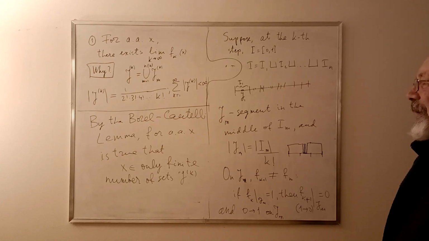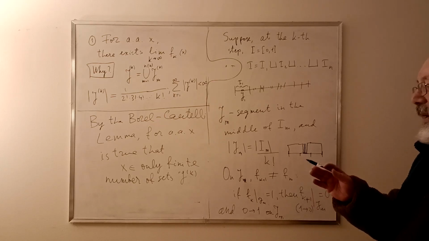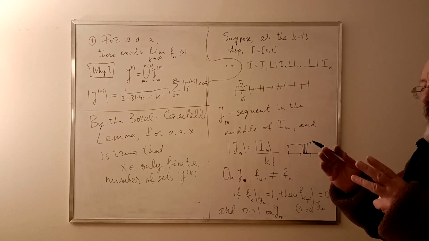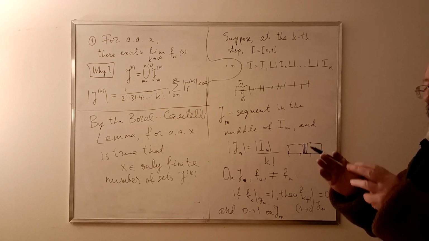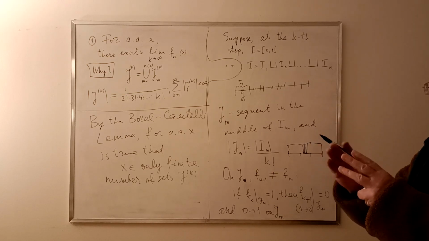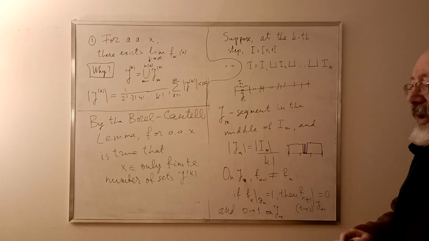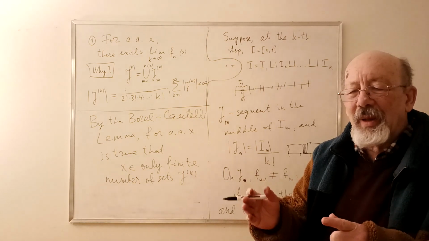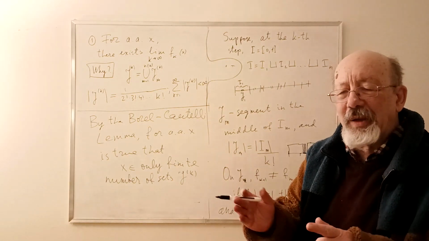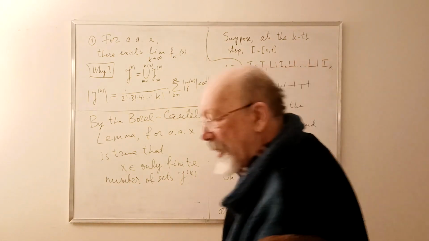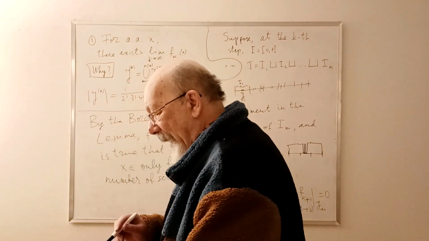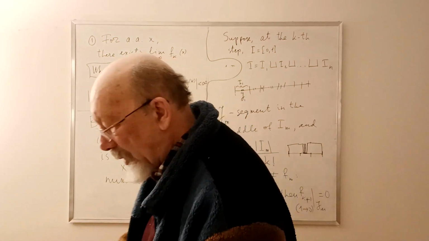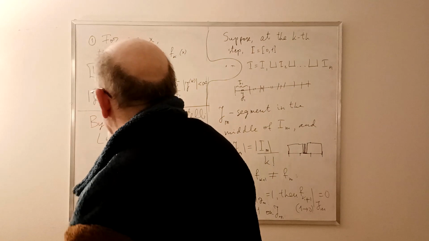Yeah, so this set has a common part with any segment of positive measure, and its complement has a common part of positive measure with any segment. So this is the example.